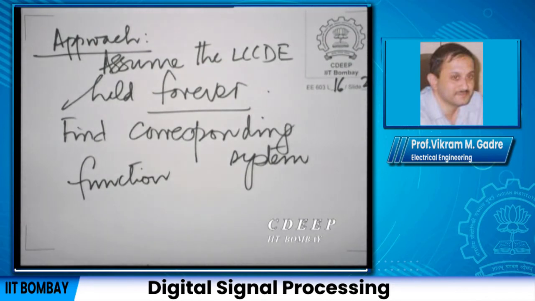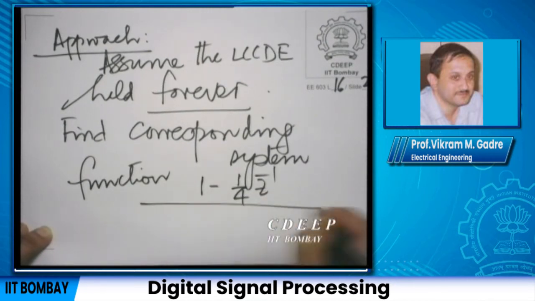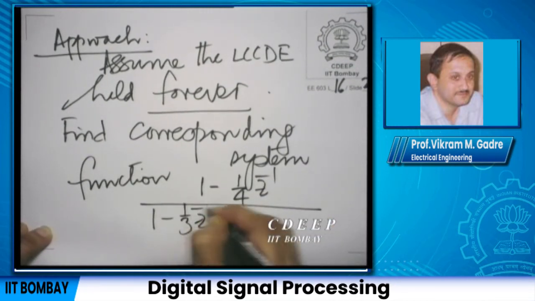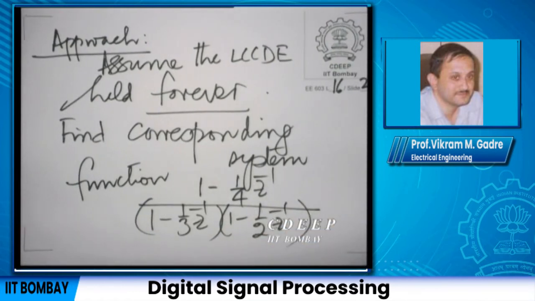What do you mean by the corresponding system function? The ratio of Y(z) to X(z). And what is that corresponding system function here? You know it. It is 1 minus 1/4 z inverse divided by, we began with, 1 minus 1/3 z inverse into 1 minus half z inverse. Identify the poles.